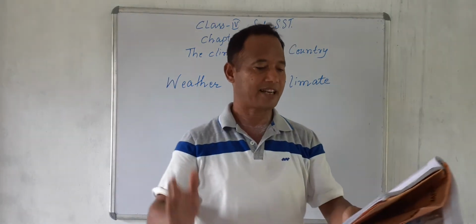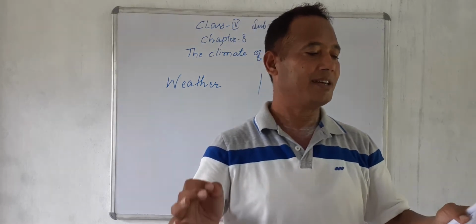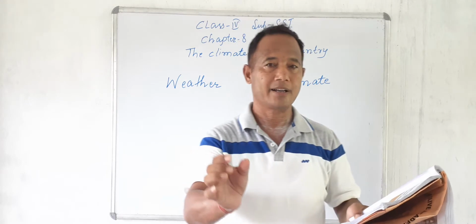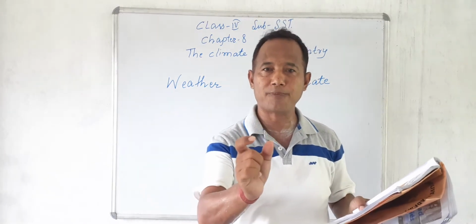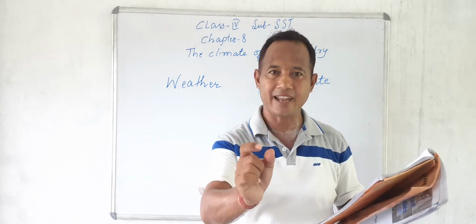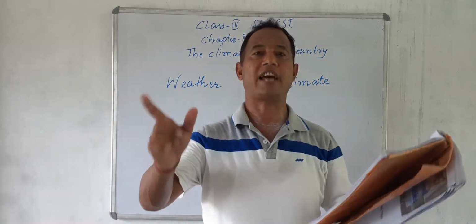So we say that climate refers to the weather conditions of a large area taken over a long period of time. Weather is a particular condition on a particular day, while climate refers to a long period of time.